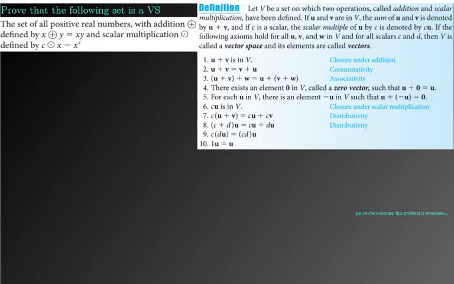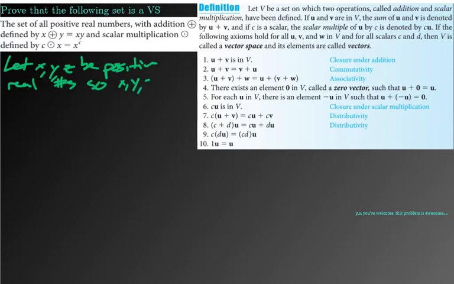Let x, y, and z be positive real numbers, so x, y, and z are in my vector space V, and c and d are any real numbers.